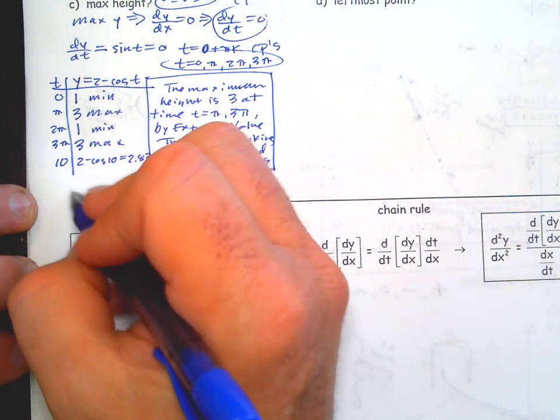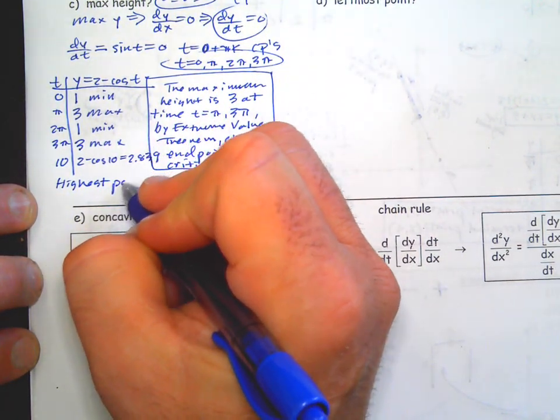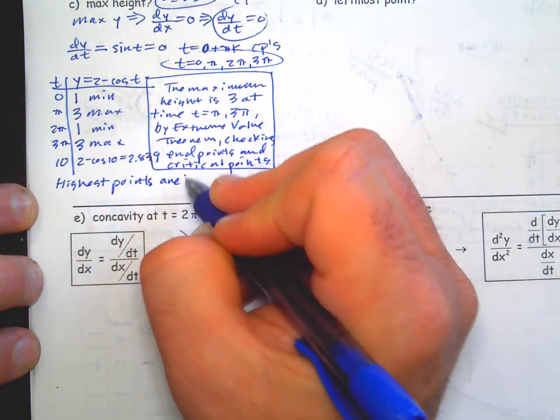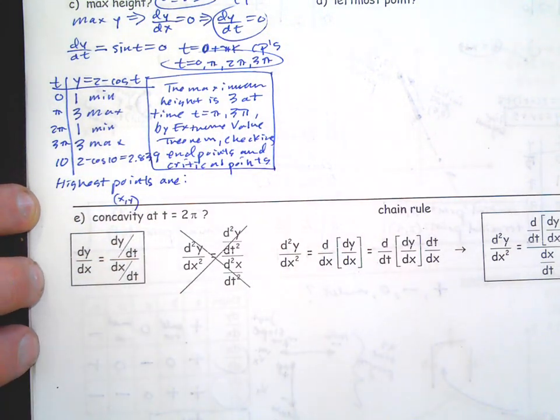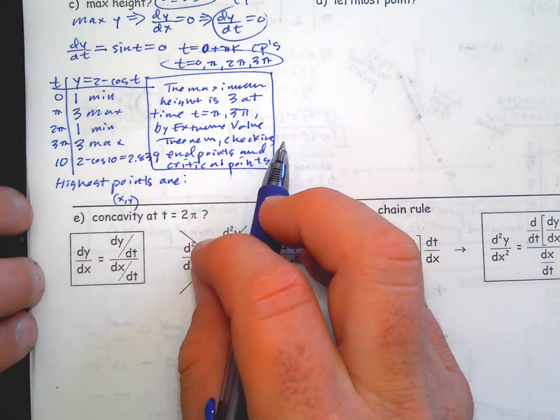Now, the other thing is we could identify the highest points, or maybe we could be asked for it. And the highest points are a little different. They're the XY coordinates, and we don't have the X values right now.